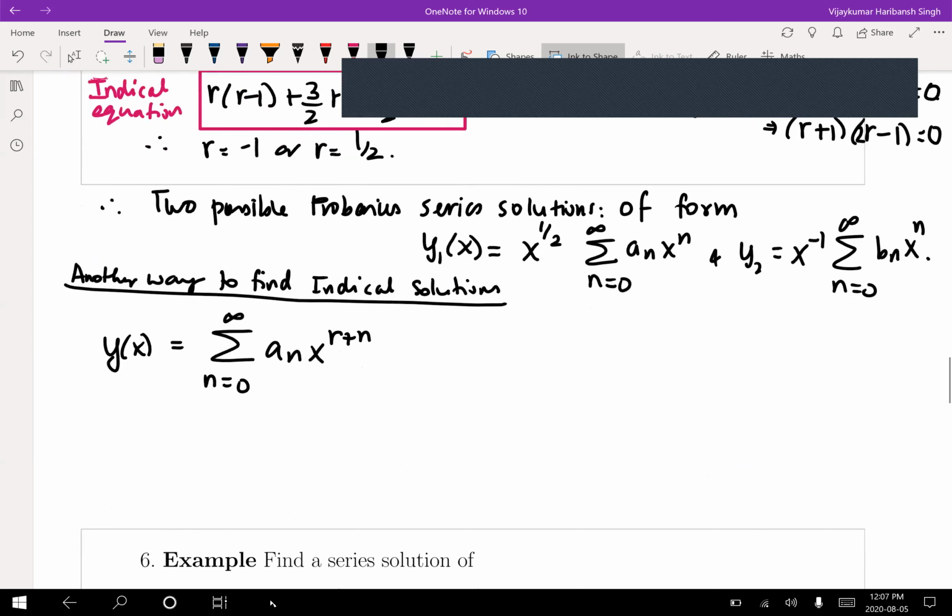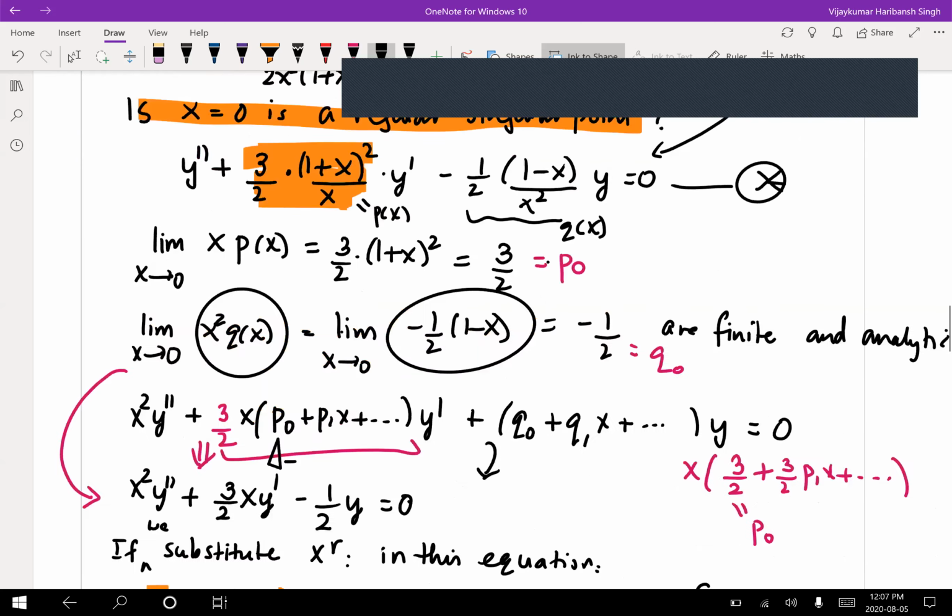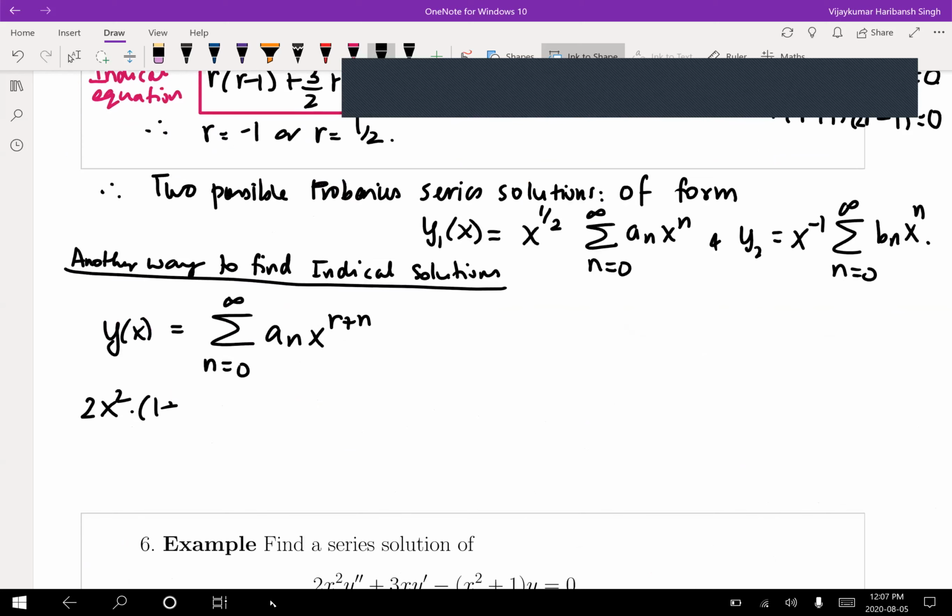So we get 2x squared times 1 plus x, times y double prime, which is summation n equals 0 to infinity a n times r plus n times r plus n minus 1 times x to the power r plus n minus 2.